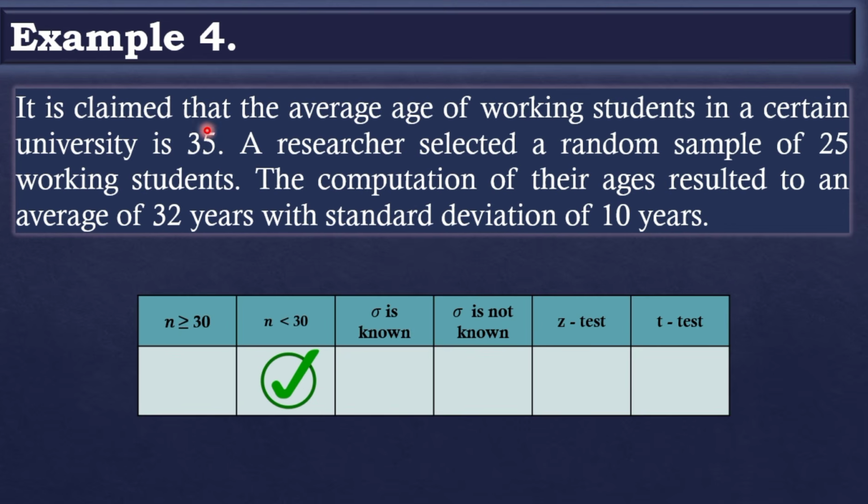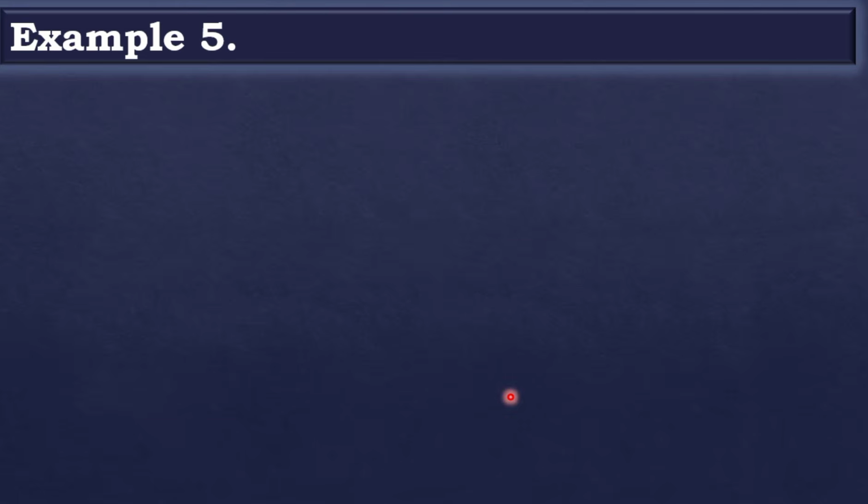So, walang binigay dun sa first sentence natin. So, therefore, ang given dito is sample standard deviation. Therefore, the population standard deviation is not known. So, anong test ang gagamitin natin kapag ang n is less than 30 and then your population standard deviation is not known? Okay, t-test.